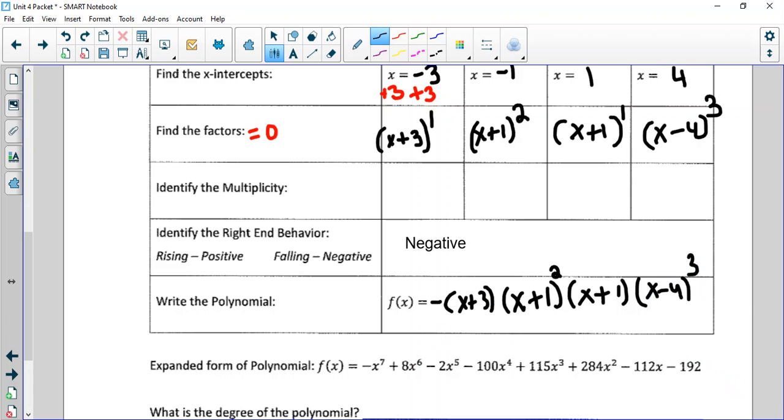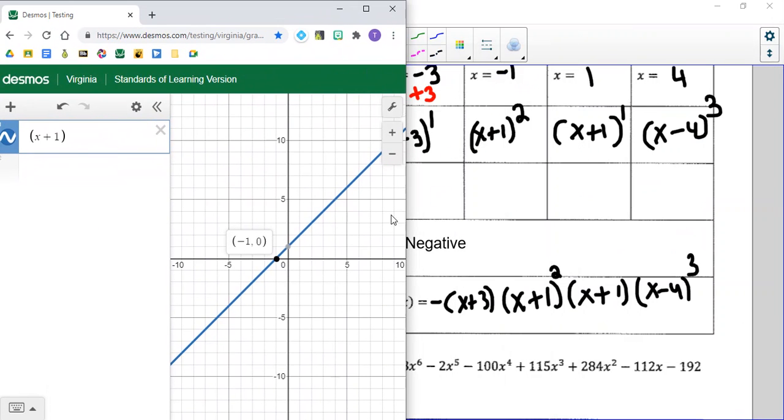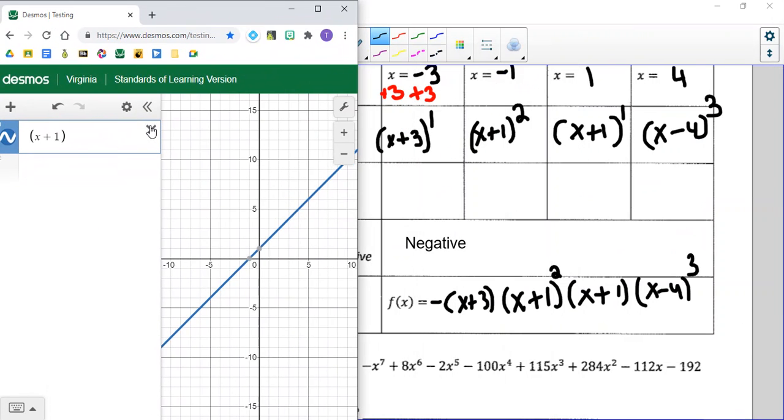So this is it. If I were to graph this function, I should get the graph that I have above. So let's go ahead and do this. You have f of x equals negative x plus 3 to the power of, oh, and then you have x plus 1. And look, the moment I put squared here, see what happens.